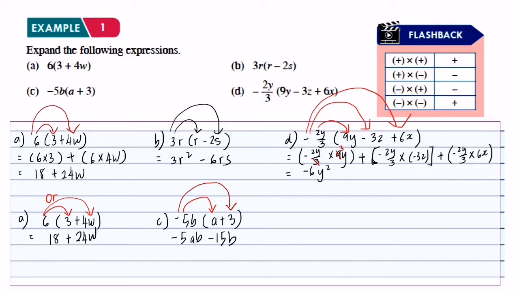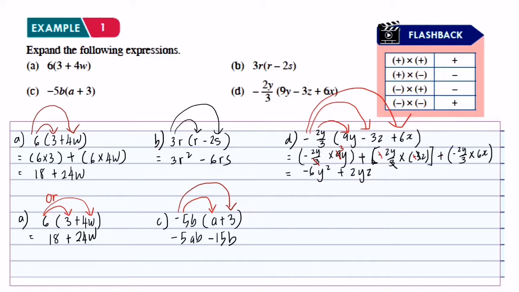Okay, here 3 we simplify it, and negative times the negative equals positive, and 2y times z equals 2yz. So it's positive 2yz.